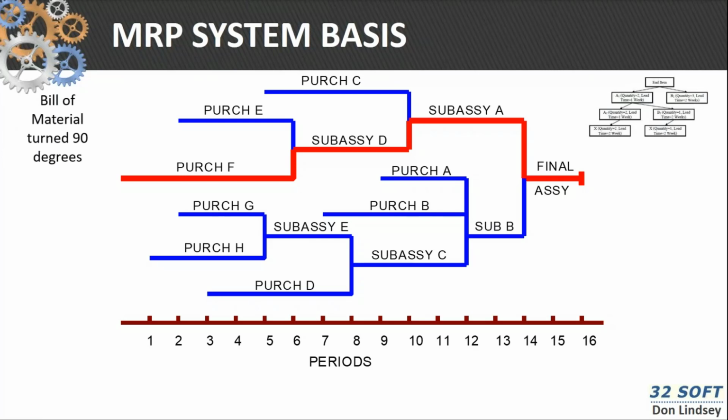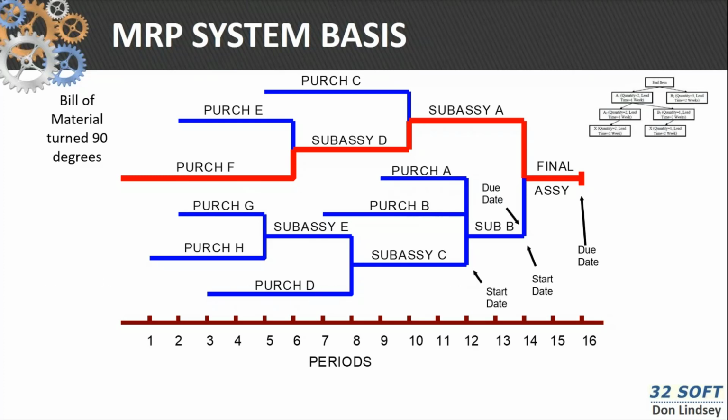The bill of material is the basis of MRP. Back in the 1960s, when George and Ollie invented MRP, they figured out how to take a due date of a final assembly, take the offset of the amount of time that it takes to build that particular product, and then use that in the MRP explosion.